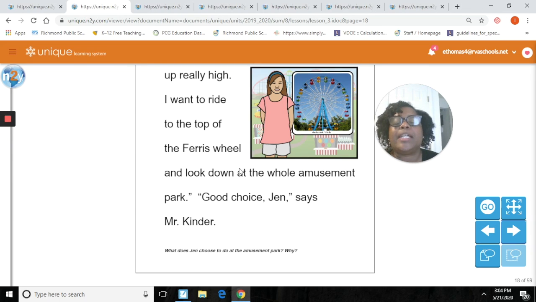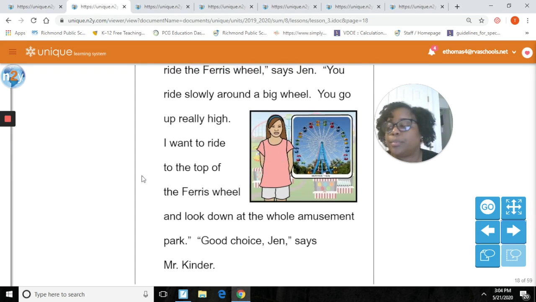Now, I have an additional question for you, or additional comment. If you remember, Jen says, I want to ride to the top of the Ferris wheel and look down at the whole amusement park, okay? How do you think Jen feels about rides that go high into the air? Think about it for a second.